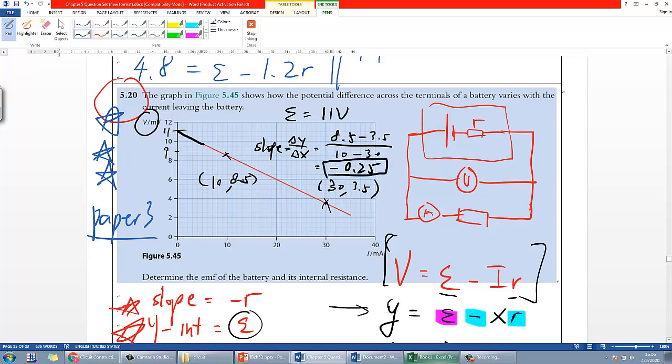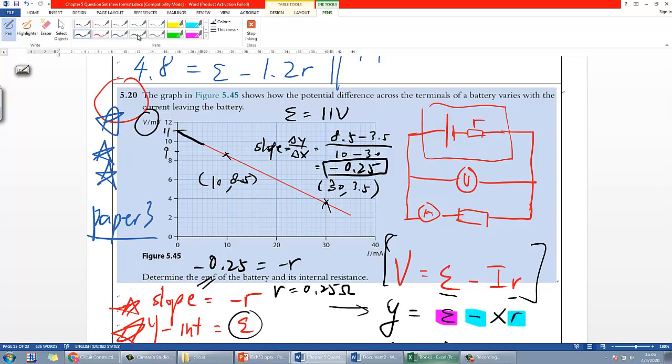In that case, if you know that the slope is negative r, then negative 0.25, which is the slope, equals negative r. And so r would equal 0.25 in the unit of ohm in that case.